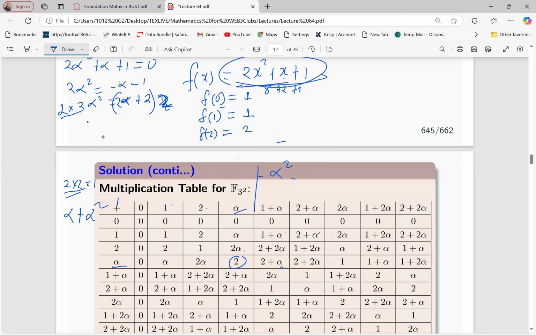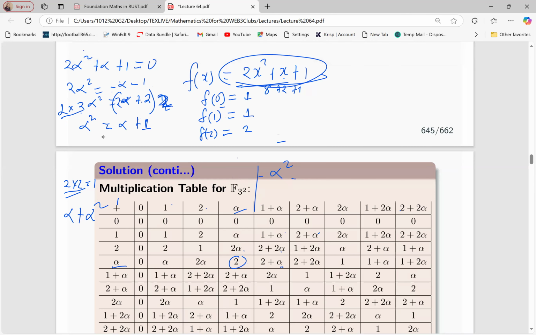This gives you alpha square. What about the right side? 4 alpha mod 3 will be alpha, and 4 mod 3 will be 1.